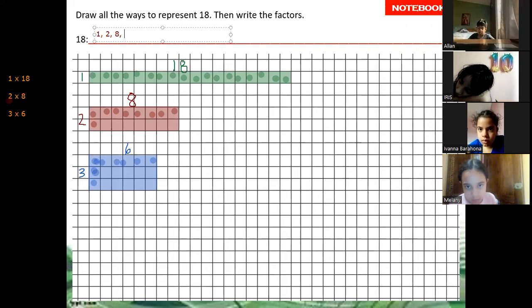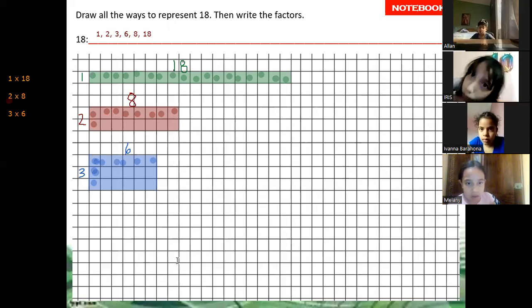Then 3, check 3, but 3 is less than 9. And then 6, in order. So 1, 2, 3, 6, 9, and 18. See, the factors are written from least to greatest, de menor a mayor. This is the correct way, from least to greatest, okay?